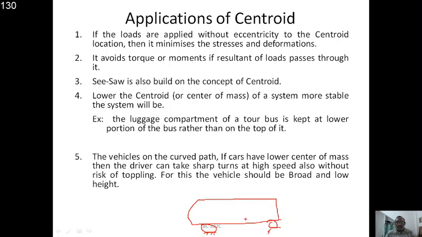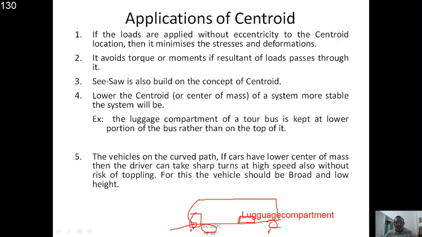If you have noticed, the luggage compartment is located in the lower portion of the bus in tour buses. In most cases your luggage will be placed here only. In some RTC buses also you see the luggage somewhere here, which is also at the lower portion.